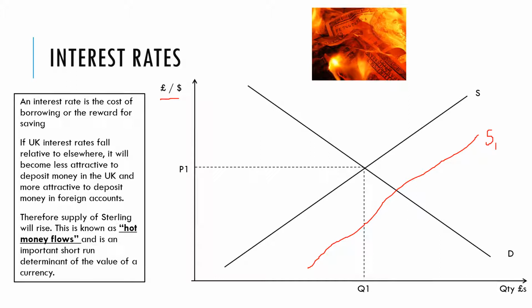I would also probably see less Americans wanting to buy pounds, so I'd also see a fall in demand for pounds from Americans. What would I expect to be the impact? I would expect to see, as a result of the low interest rates, the value of the pound fall to P2.